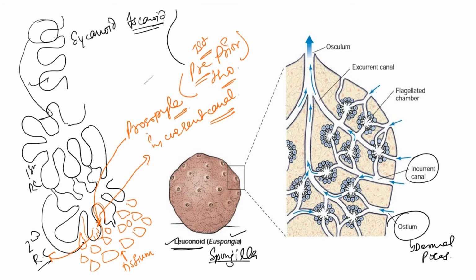And in the radial canal, we are going to see choanocytes. Okay, and these choanocytes are going to absorb the nutrition from the water current and excrete the waste material, same as in cycanoid type of canal system.